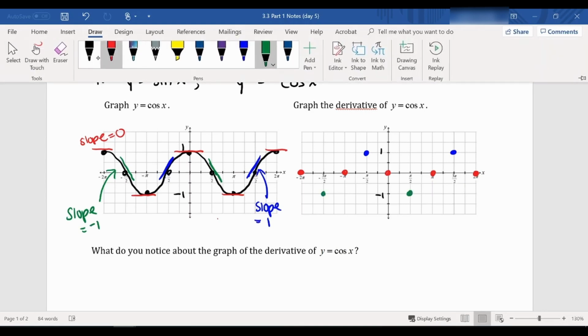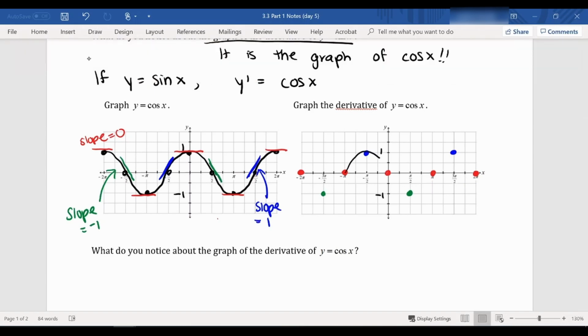And if I connect these, it kind of looks like a sine graph, but upside down. So this, my graph of my derivative, is a reflection of a sine graph.